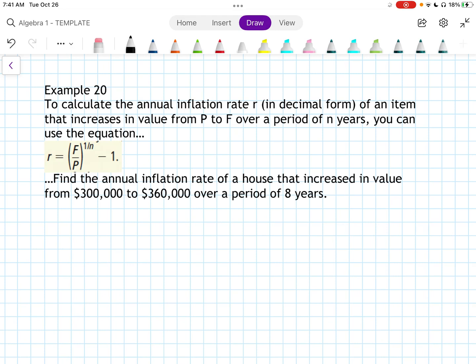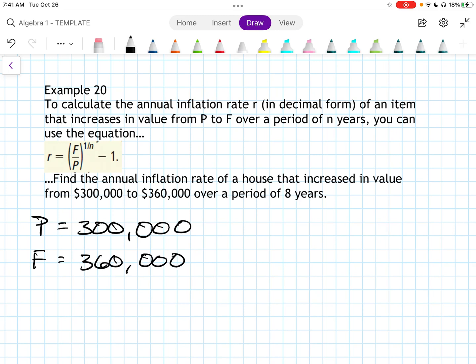Find the annual inflation rate of a house that increased in value from, so from is P, right? P equals 300,000 to 360,000 over a period of 8 years.